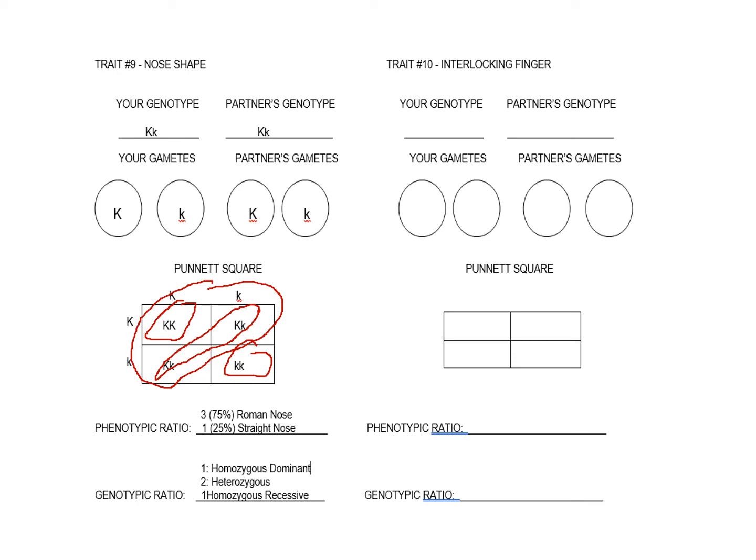So from that information, you could say it's a 1 to 2 to 1 ratio of the genotype. And so that's basically what you would do. There's 3 other ones that you would do for that information.